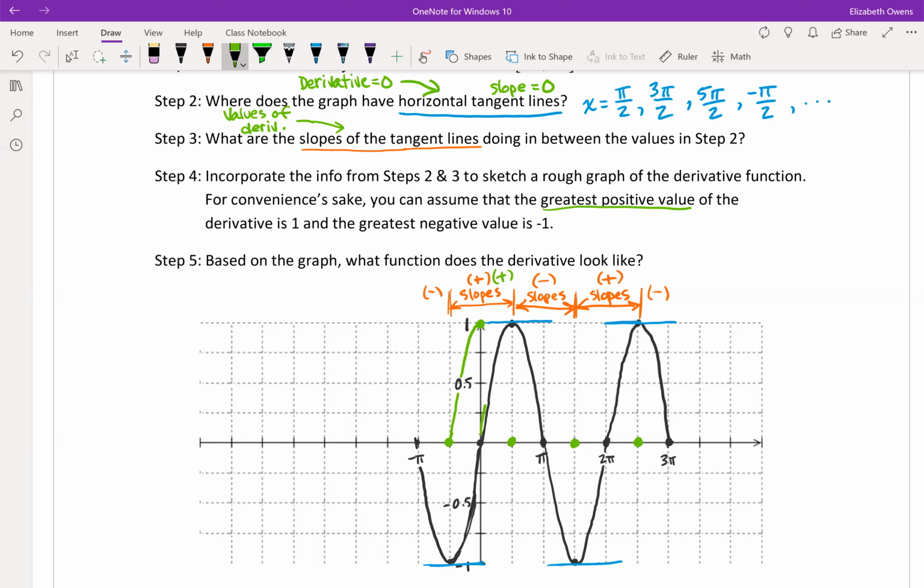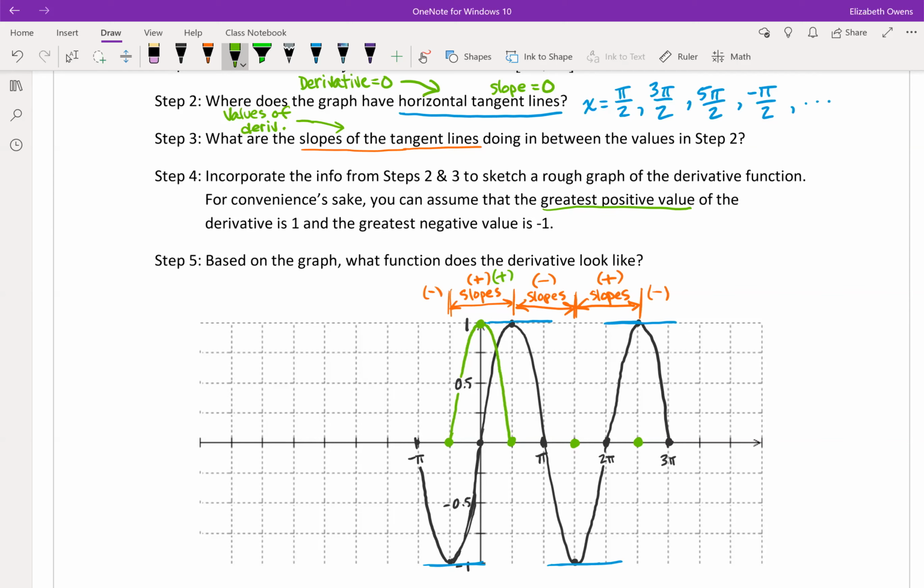And then they're still pretty steeply positive here, but they are going to start getting less positive. They're going to start flattening out again as we approach the next horizontal tangent line. Oops, I just made the graph disappear. But they are going to start being less positive, so they start decreasing, until we get to the next horizontal tangent line at positive pi over 2.